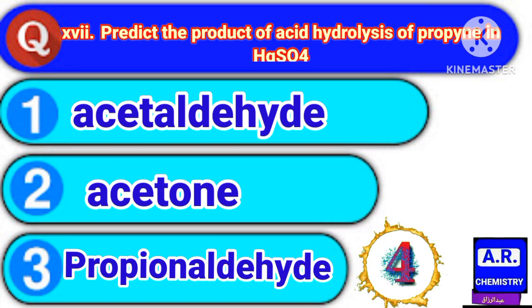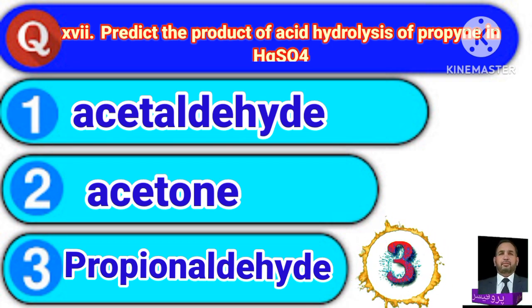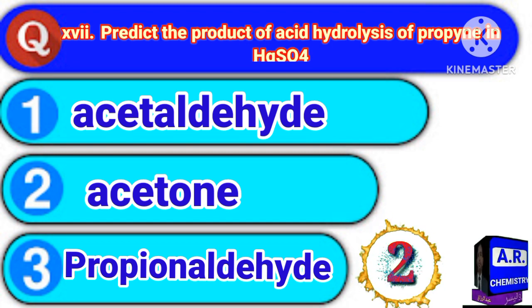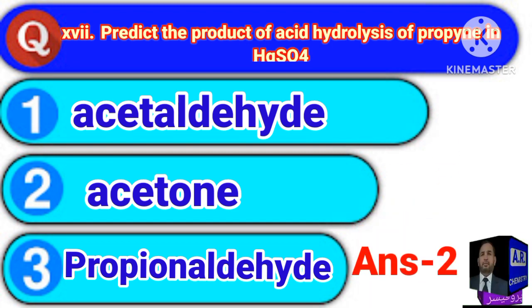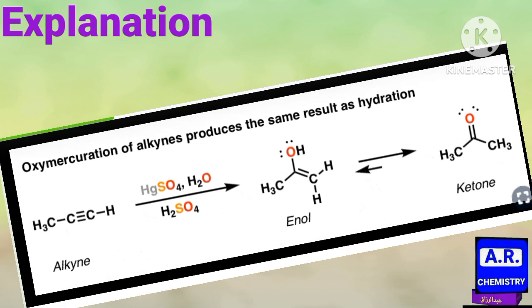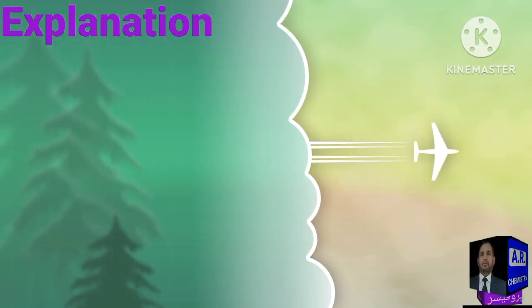Please select the correct option, and that is option number 2, that is acetone. You are watching the reaction on the screen. In case of hydration of propyne, we get propanone.